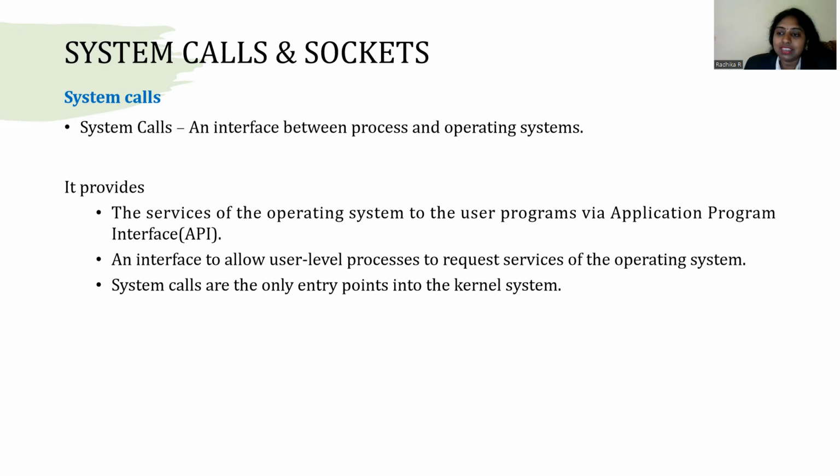The system call is the way in which a computer program requests a service from the kernel of the operating system. So the system call is defined as an interface between the process and the operating system. It provides the services of the operating system to the user program via the application program interface, known as the system services.